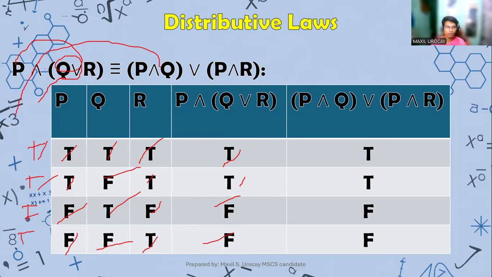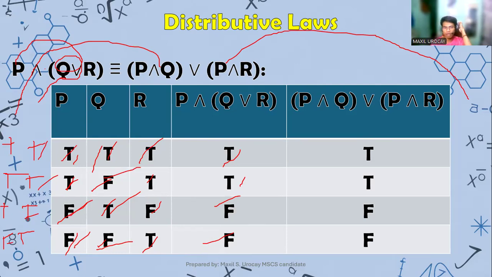P or Q. True plus true, true. True plus false is true. False plus true is true. And then false plus false is false. Let's work on the P and R. P or R. So what will gonna happen?